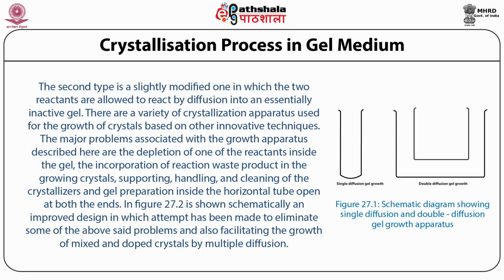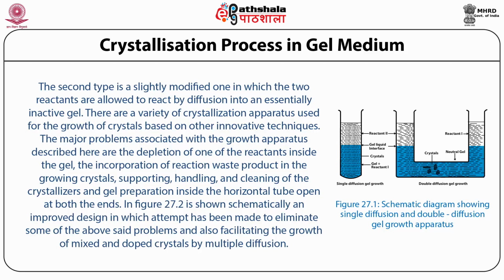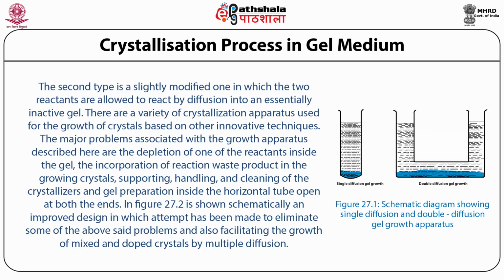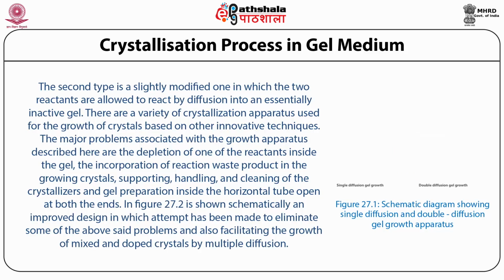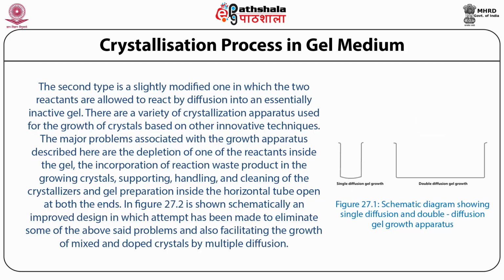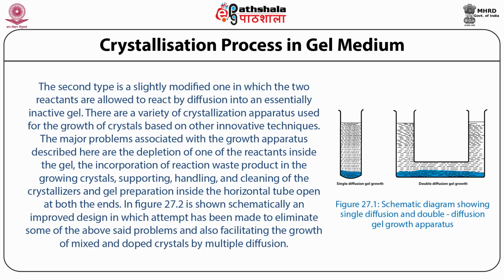The major problems associated with the growth apparatus described here are the depletion of one of the reactants inside the gel, the incorporation of reaction waste product in the growing crystal, supporting, handling, and cleaning of the crystallizers, and gel preparation inside the horizontal tube open at both the ends.